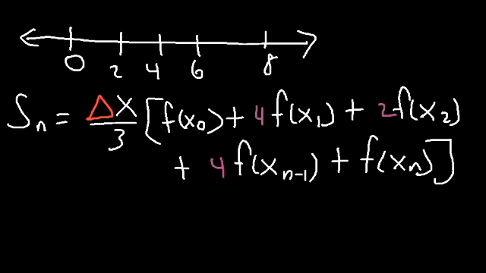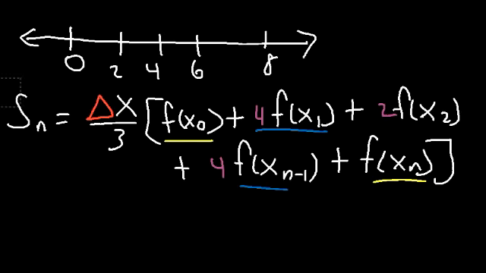So according to the Simpson's rule, you're going to use all 5 points, like the trapezoidal rule. But the first and last point is going to have a coefficient of 1. The second and the second to last point is going to have a coefficient of 4. And then everything in between is going to alternate between 4 and 2.